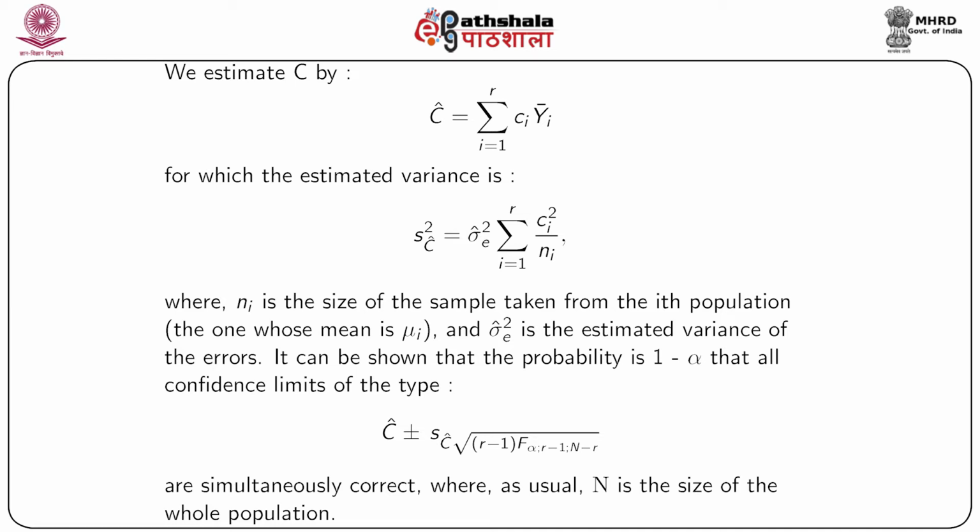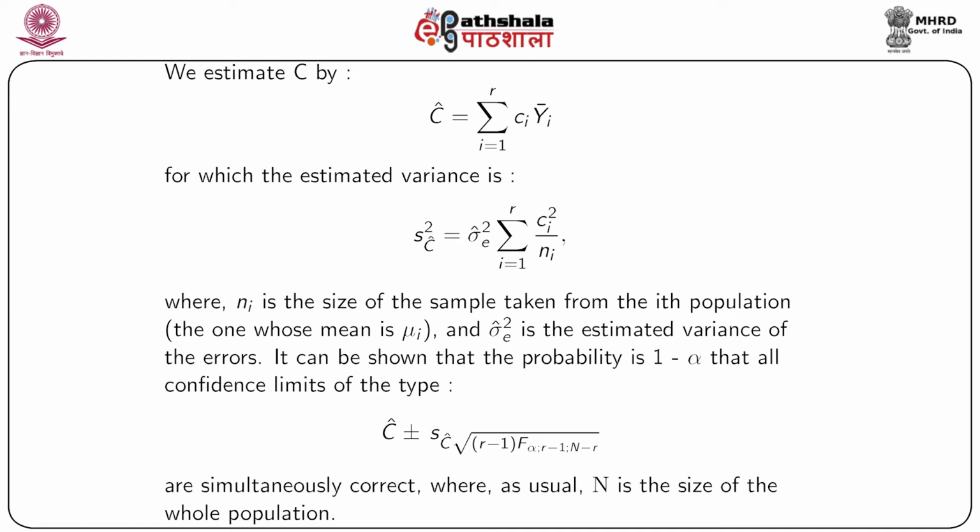with the estimated value in the contrast, and we get the estimate as C hat equals summation i equals 1 to r c_i Y_i hat, for which the estimated variance is given by s_C hat squared equals sigma hat squared summation i equals 1 to r c_i squared divided by n_i, where n_i is the size of the sample taken from the ith population, the one whose mean is mu_i, and sigma hat squared is the estimated variance of the error.